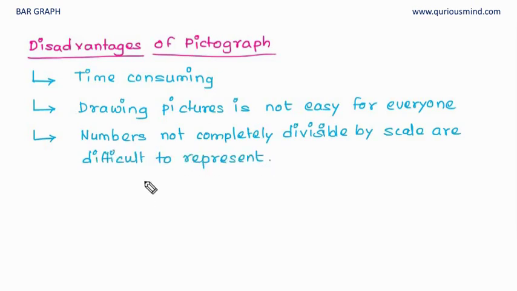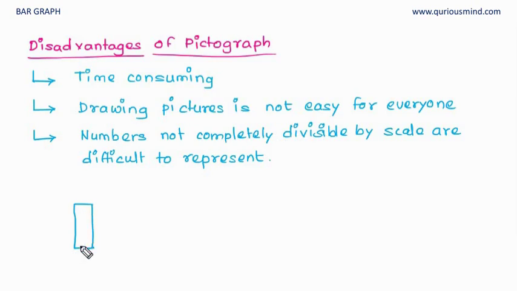And because we have so many disadvantages of pictograph, we want to go to a method where we don't see these disadvantages. And in this new method, what we do is, instead of a picture, we use a common thing, which is a bar. We use a bar, and the bar is just like a rectangle. And drawing a rectangle is not difficult.